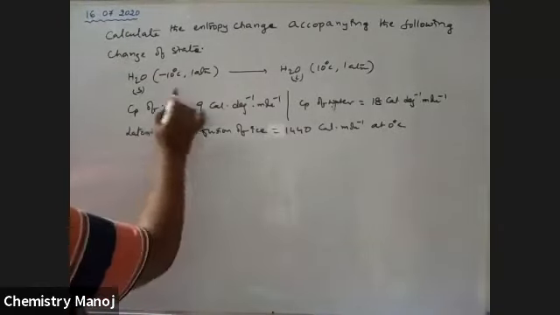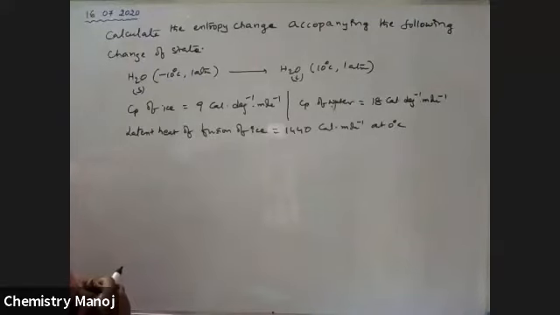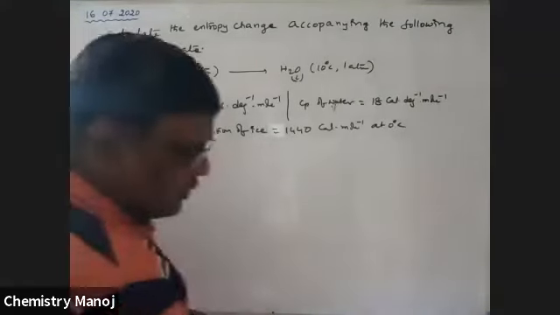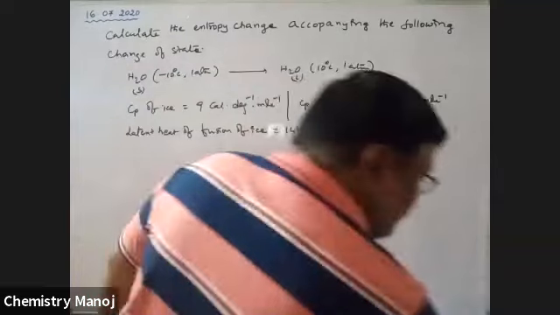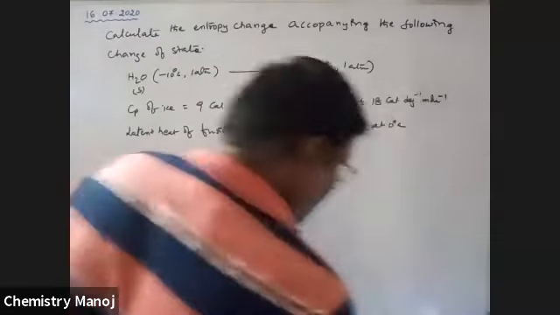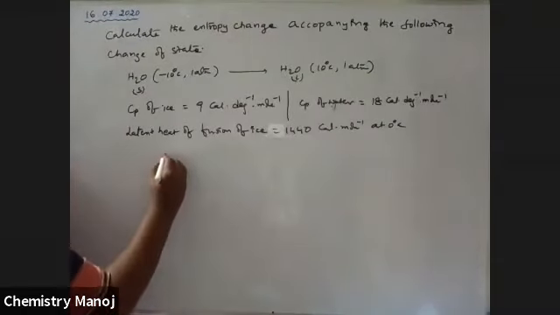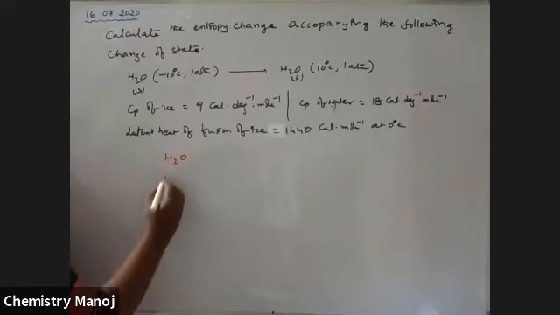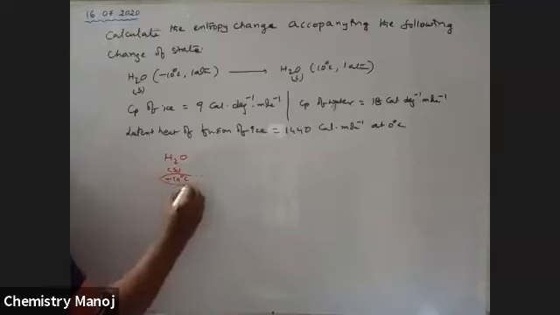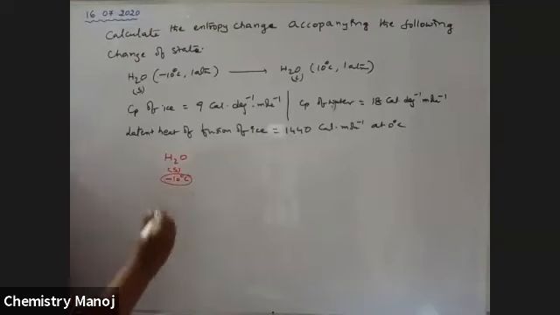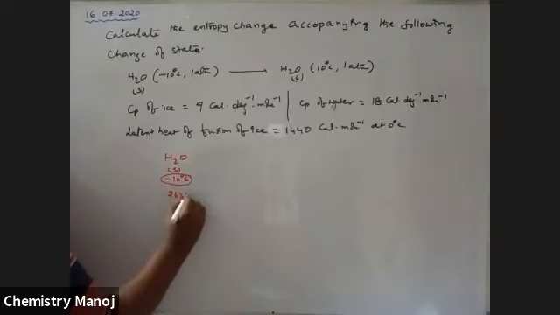Here, solid to liquid only. The conversion is: H2O solid at minus 10 degrees centigrade, which means 273 minus 10, that is 263 Kelvin, and 1 atmosphere pressure.